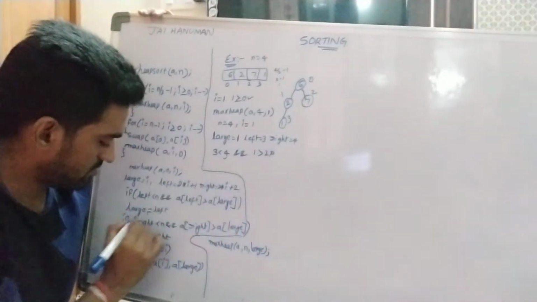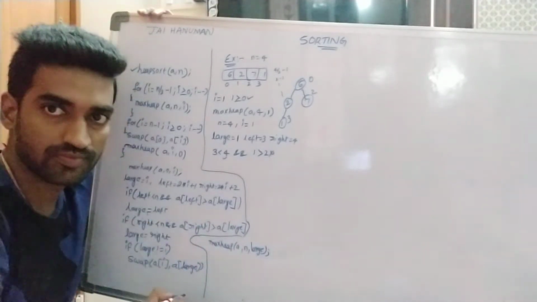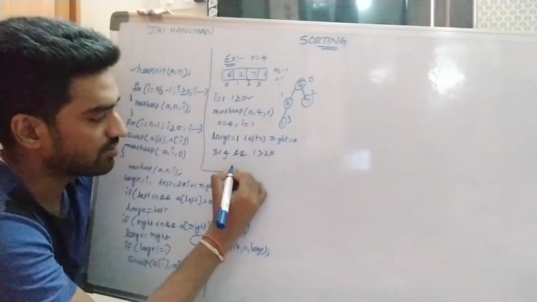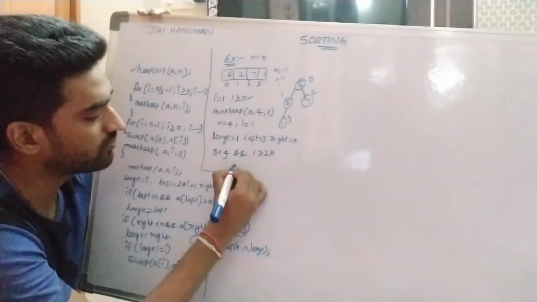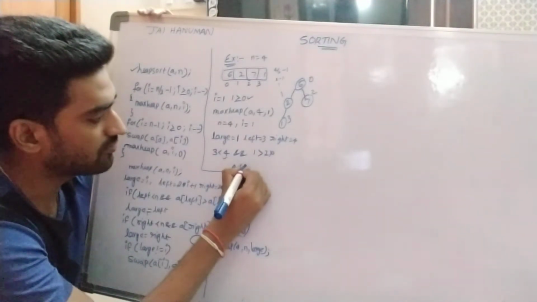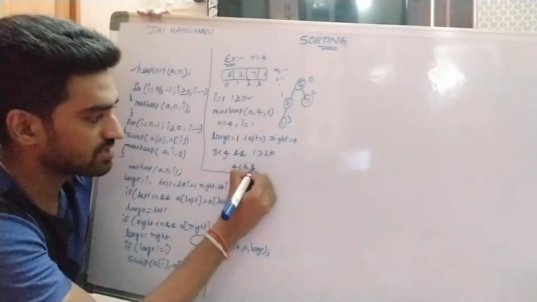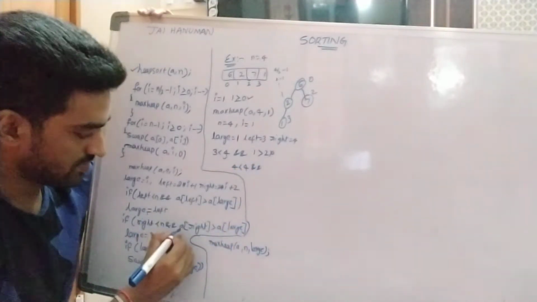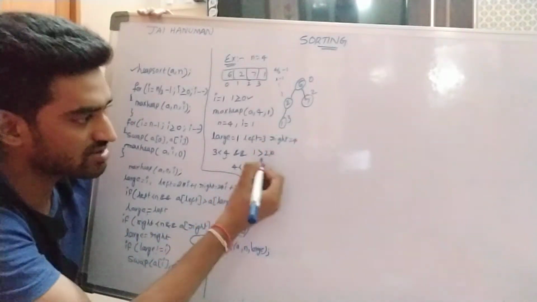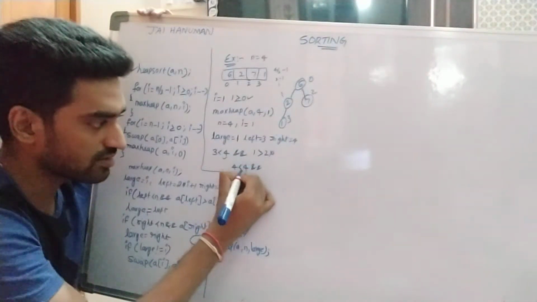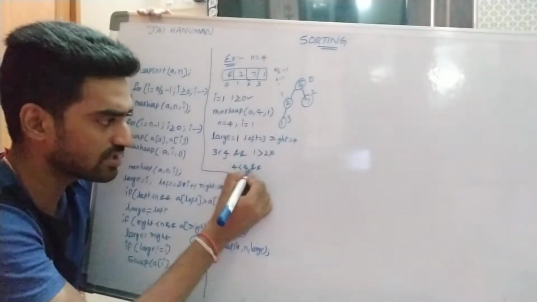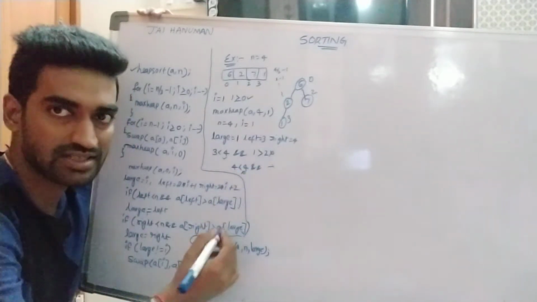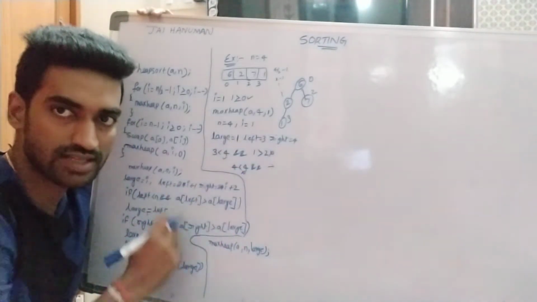Then we check the next condition: right less than n. What is the right value? 4 less than 4, and A of 4 is not present. So this condition also fails. Once this condition fails, we cannot check the remaining condition, because both must be true to execute this statement.